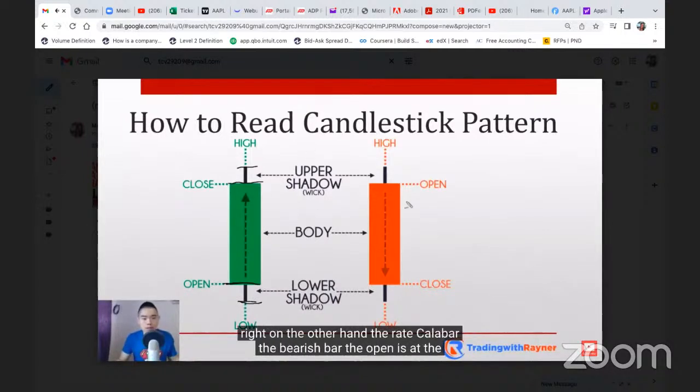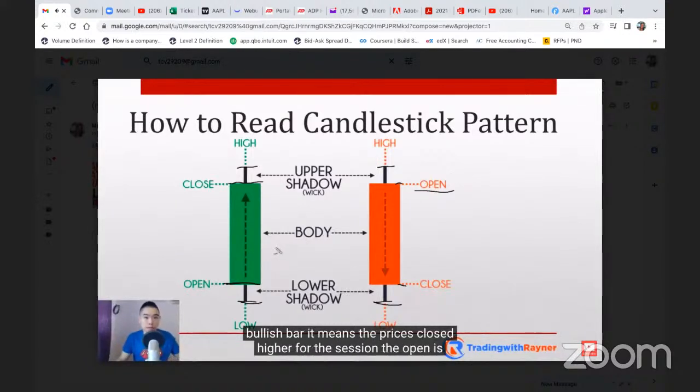Likewise, on the other hand, for the red bar, the bearish bar, the open is at the opposite side. The open is now on top, and the close is at the bottom. The lows of the session are over here, and the highs of the session are here. So the main difference between a bearish bar and a bullish bar is that the open and close are at opposite sides.